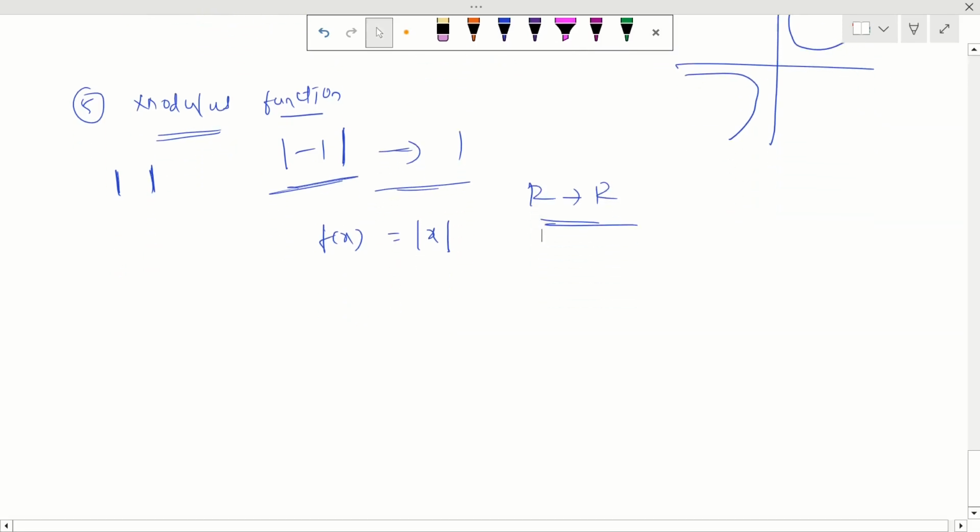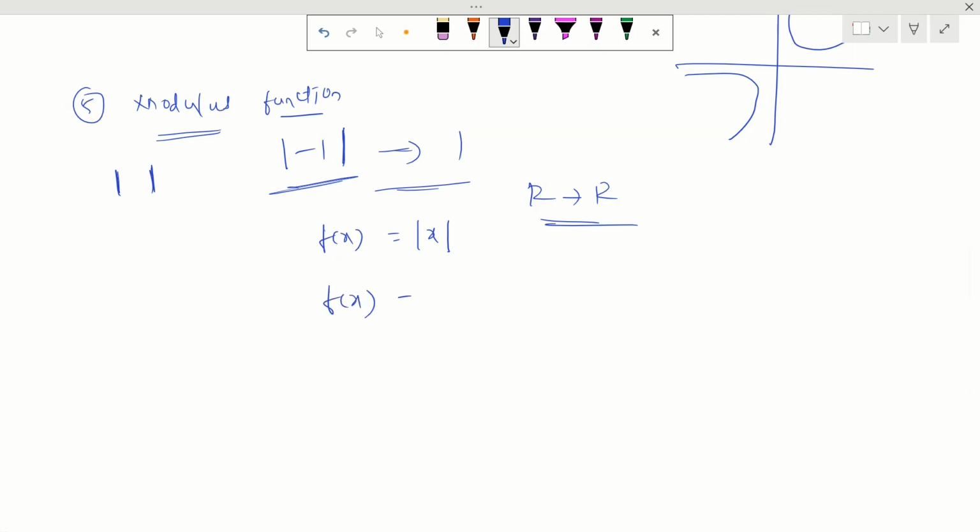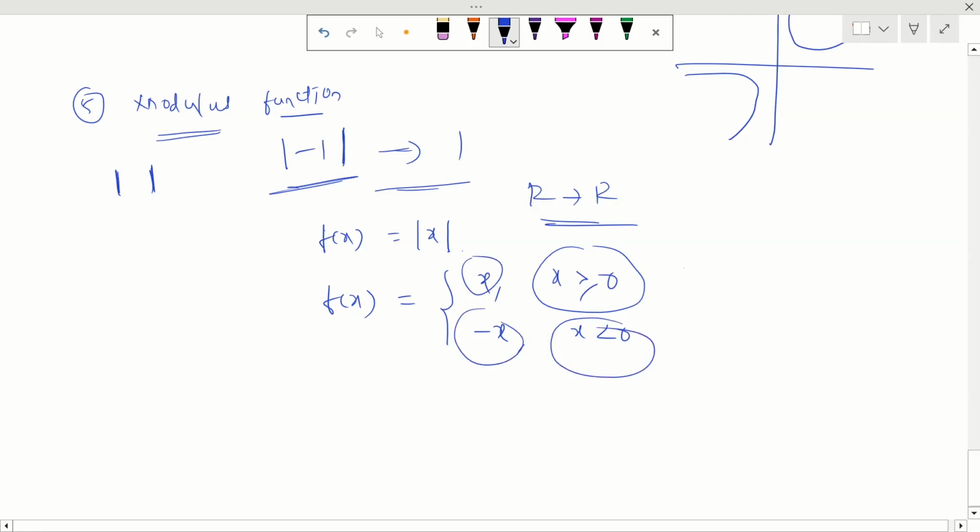Then how can we write the two conditions? f of x is equal to x only when x is greater than or equal to 0, and we'll get minus x only when x is less than 0.